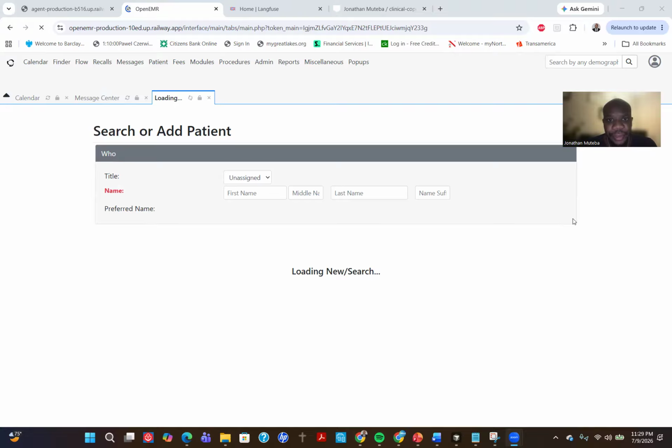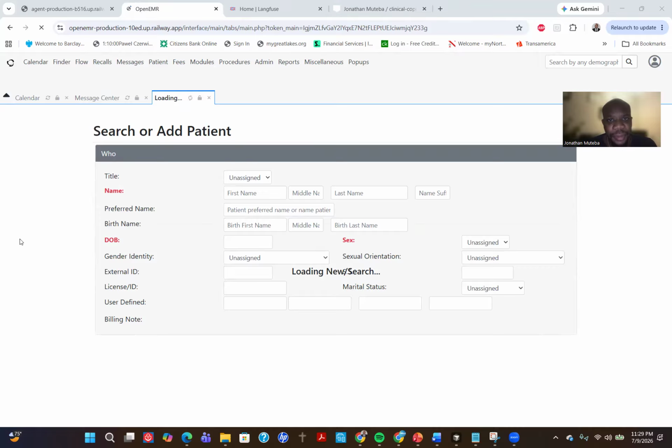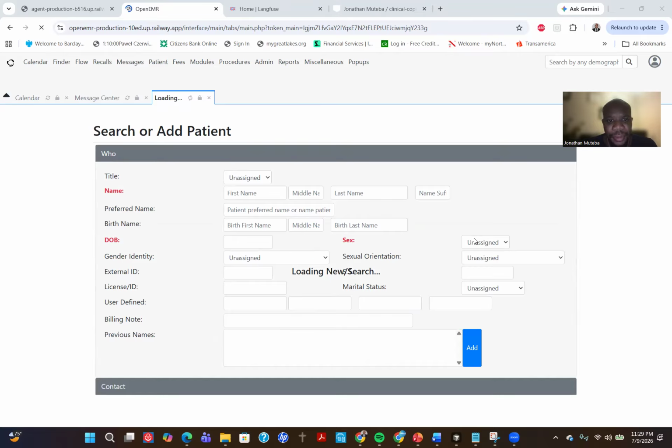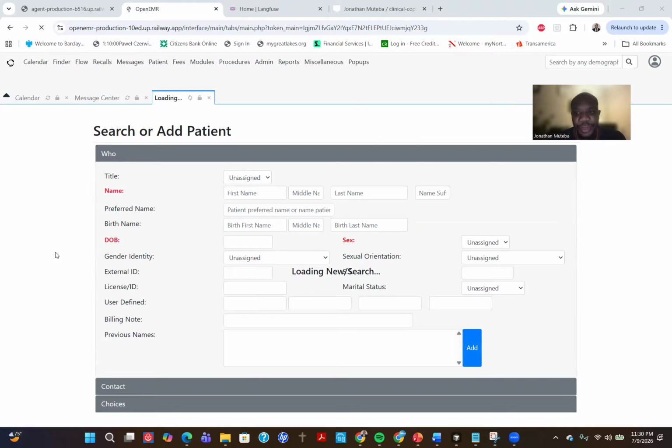Some of it is loading. Like I mentioned, it takes a while for OpenEMR to load.